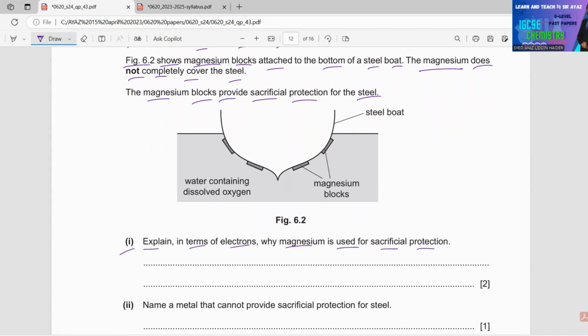So magnesium is above iron, so it's more reactive than iron. So it will lose electrons more readily.